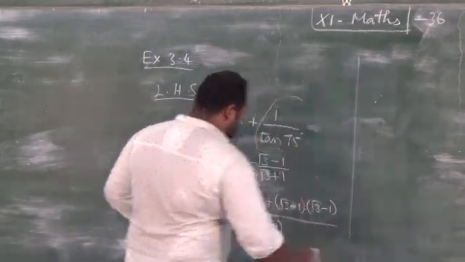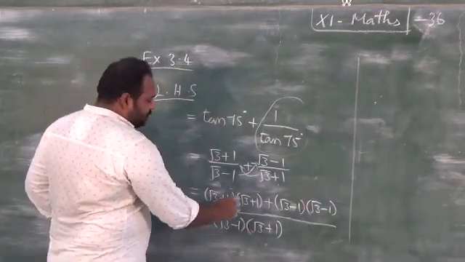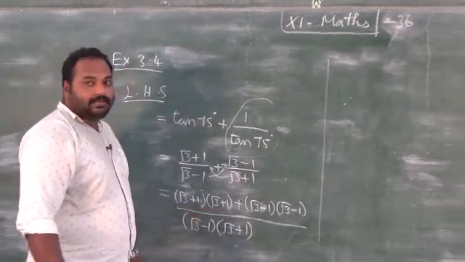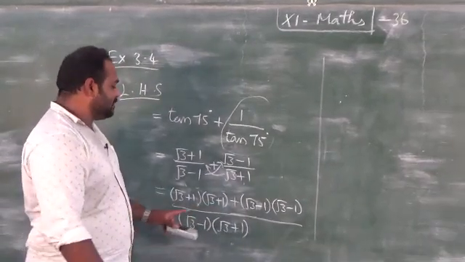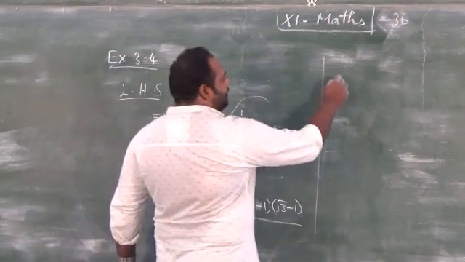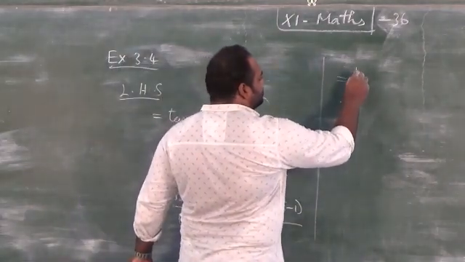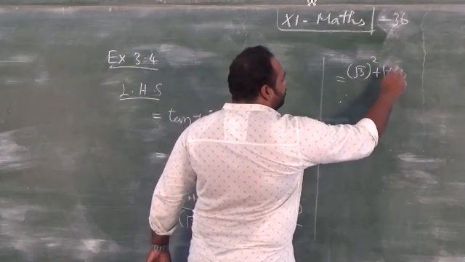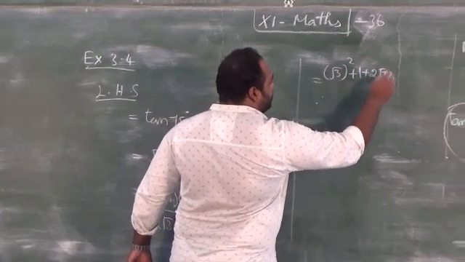In the numerator, this is root 3 plus 1 whole square. Applying the a plus b whole square formula: a square is root 3 square, plus b square is 1 square, plus 2ab is 2 root 3.